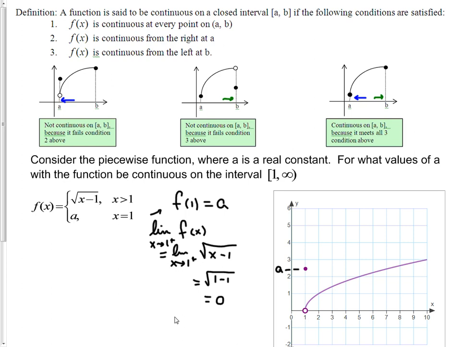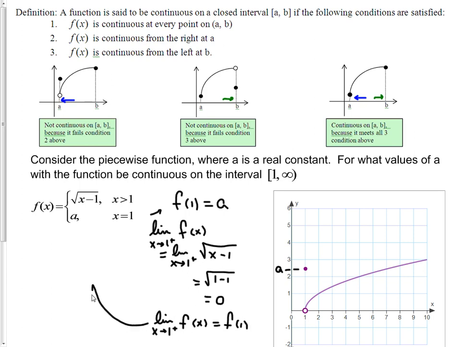So if we want continuity, we have to assure ourselves that the limit as x approaches 1 from the right of f of x is exactly equal to the value of the function at 1.